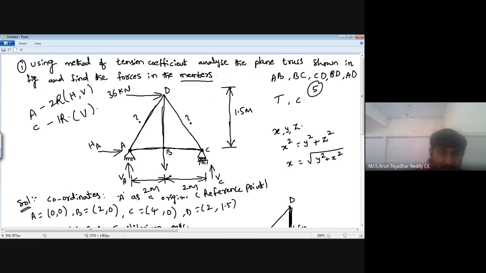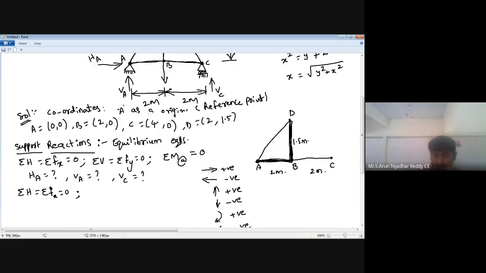In this diagram both are right side direction, so take both positive. HA plus 36 kilonewton is equal to 0. Then we can write HA is equal to minus 36 kilonewton.